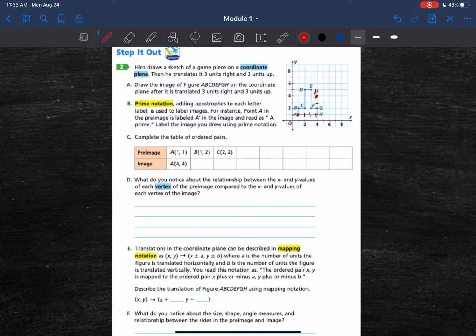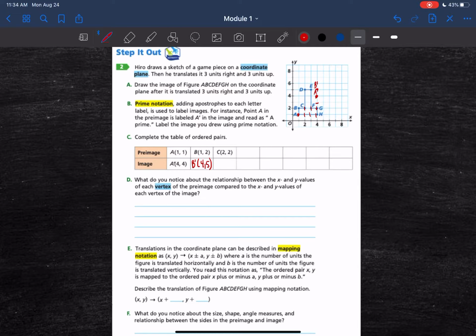We need to do the same thing to B. The pre-image is at 1, 2. I'm going to translate it 3 to the right, 1, 2, 3, and 3 up, 1, 2, 3. And that's going to put B prime right there at 4, 5.